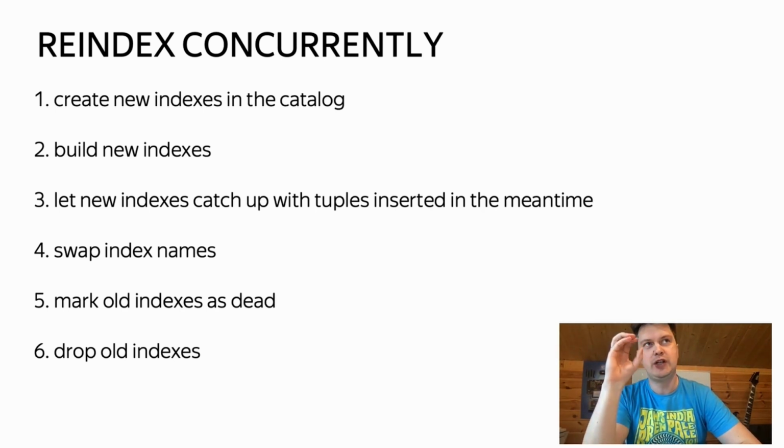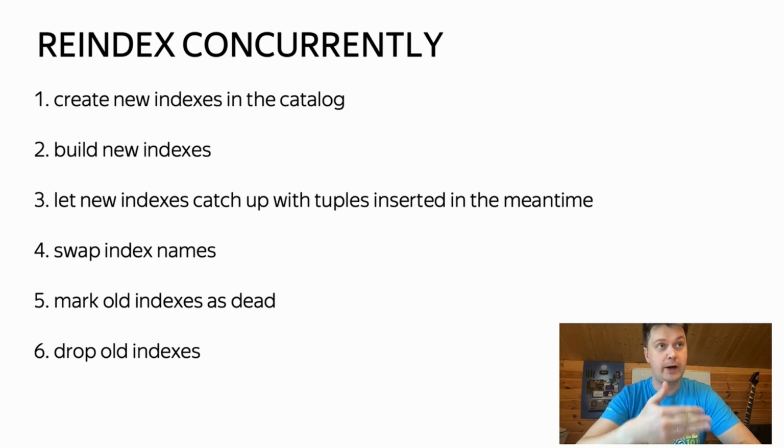So essentially here we have the very same algorithm as with create index concurrently, but now we have more, similar barriers taken during index creation. This is how it should work.